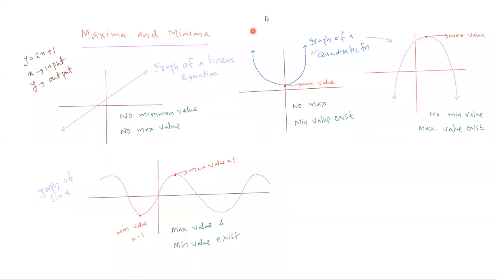Like one more example I can show. It's a graph of a polynomial function. कोई भी एक polynomial, we don't know, maybe fourth degree, whatever it is.